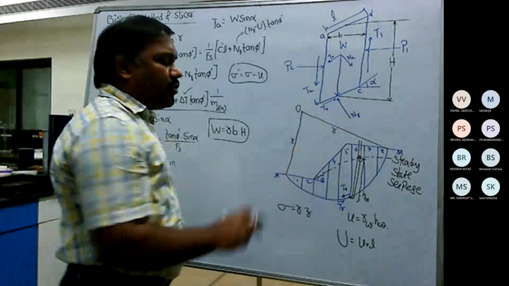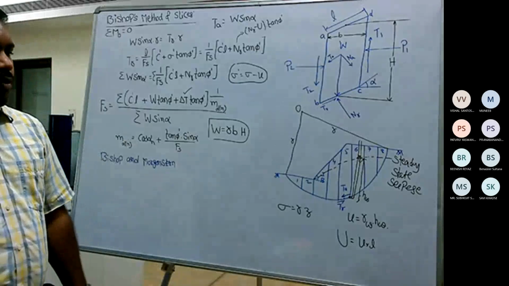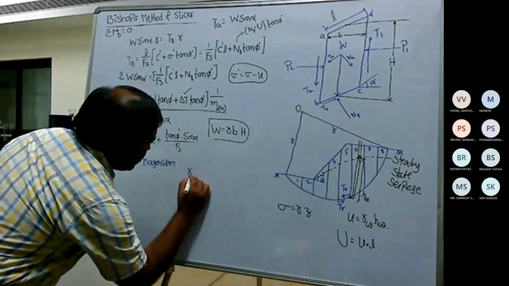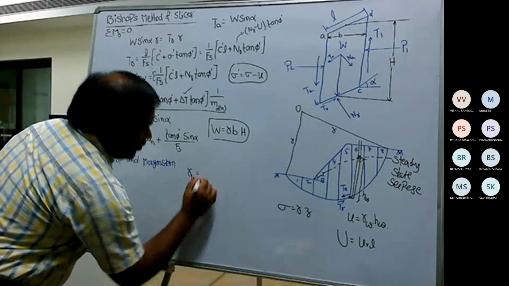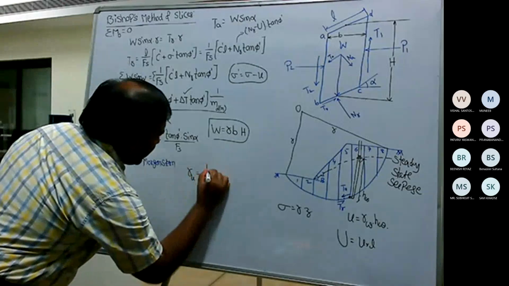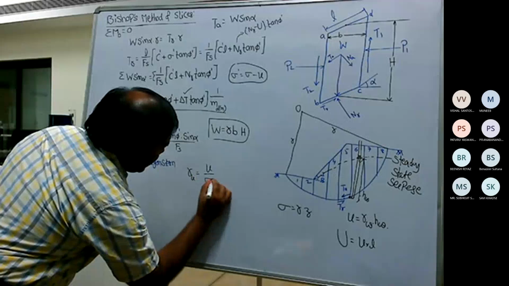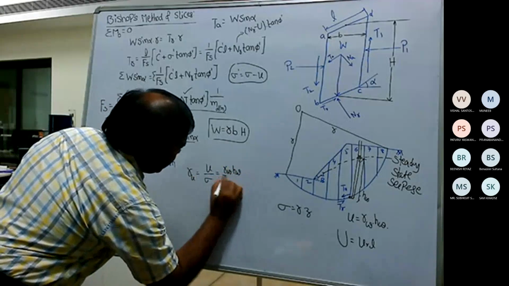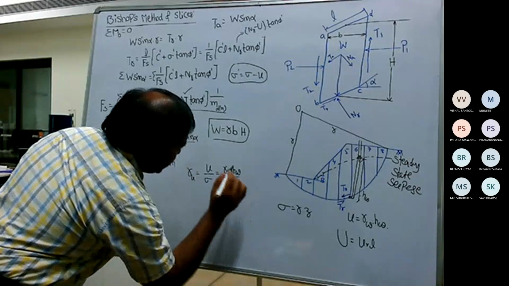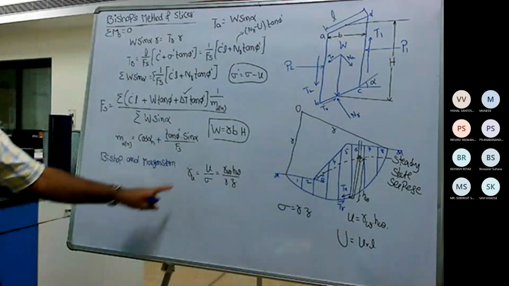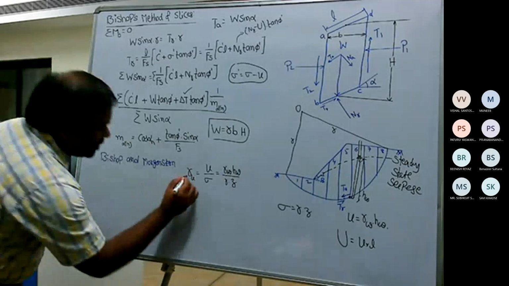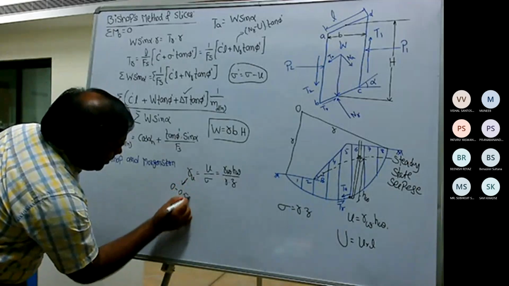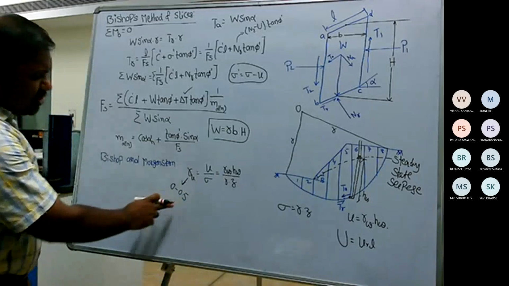So in order to normalize the effect of the pore pressure, a new parameter has been introduced, called RU, the pore pressure coefficient, which is defined as U divided by sigma. That can be written as gamma W into HW divided by gamma into Z. Usually the value of the pore pressure coefficient varies from 0 to 0.5, if I remember, but just check it.